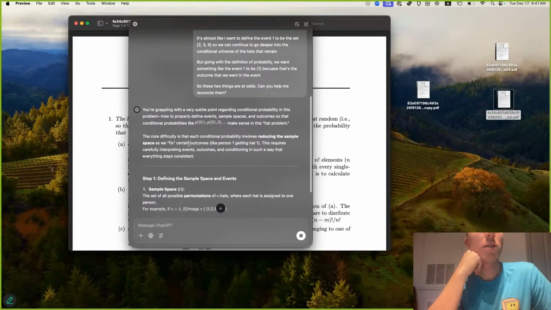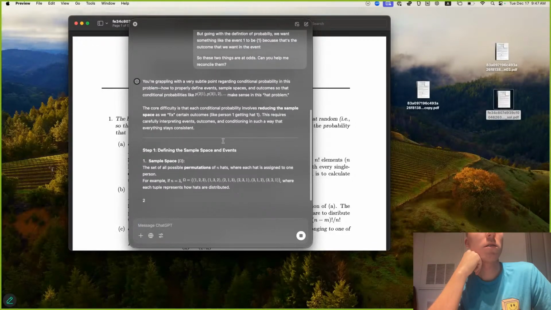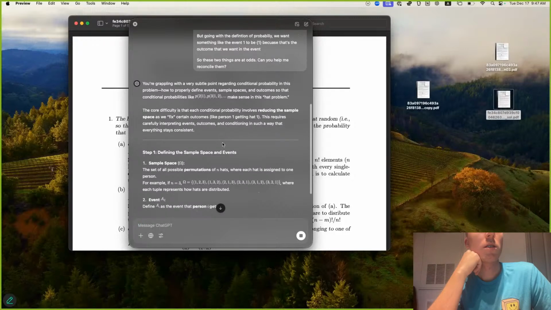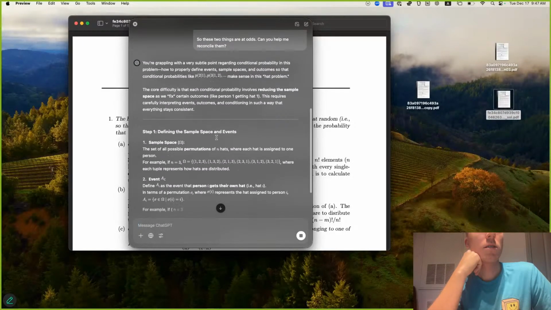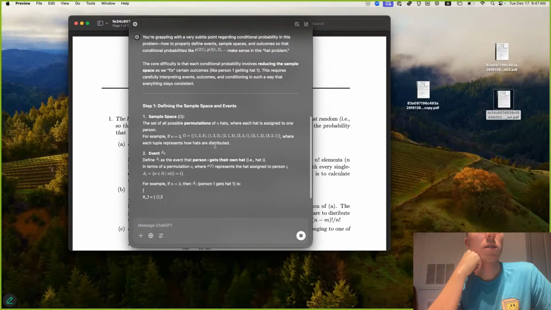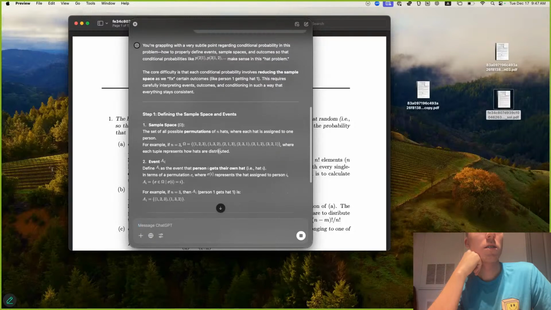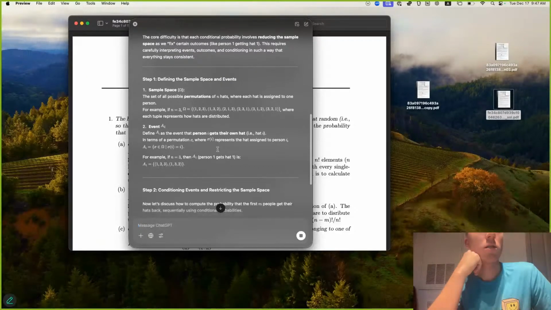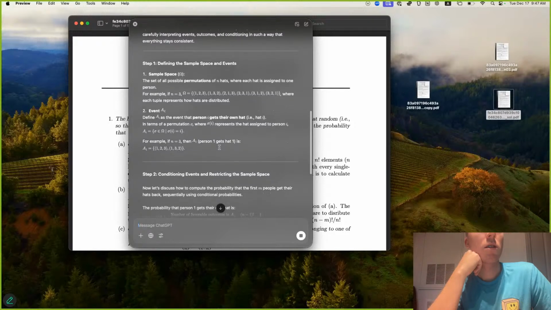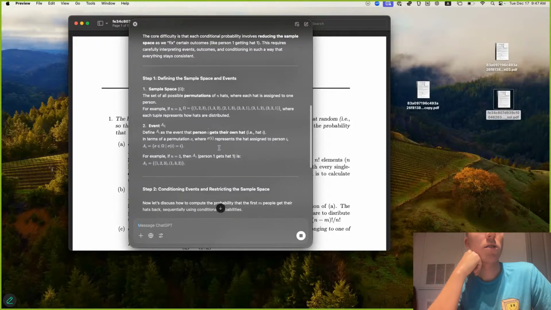Reducing the sample space as we fix certain outcomes. Okay, so we think in terms of permutations.